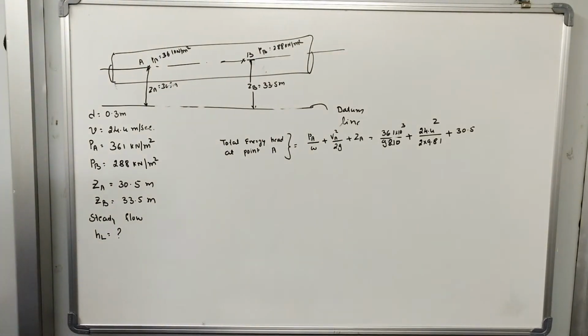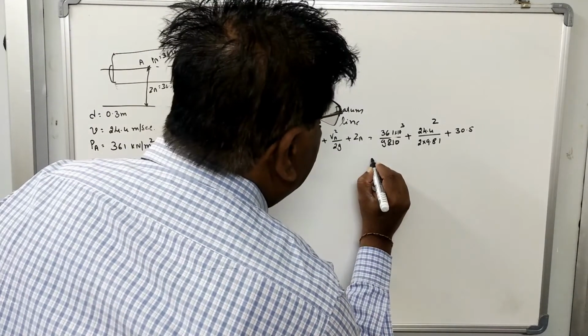24.4 square divided by 2 into 9.81 plus 30.5. So please simplify this.